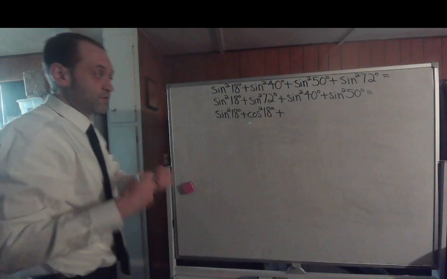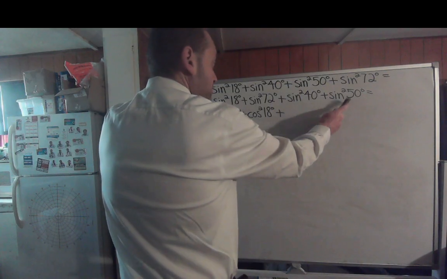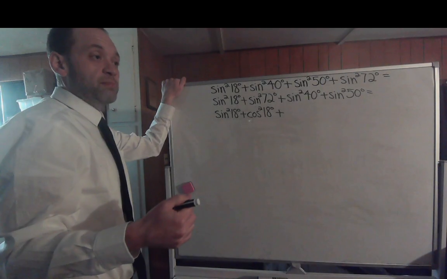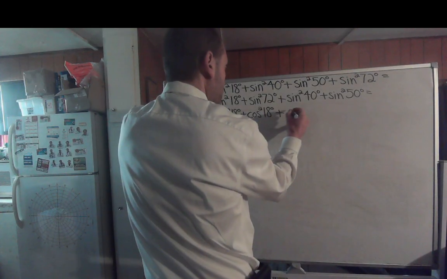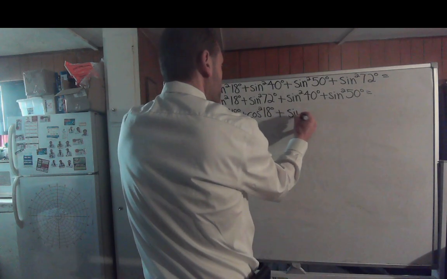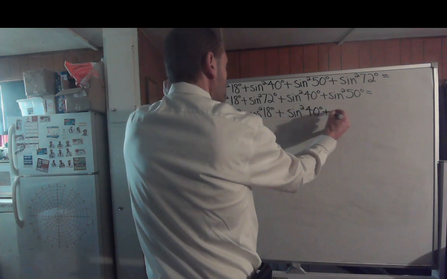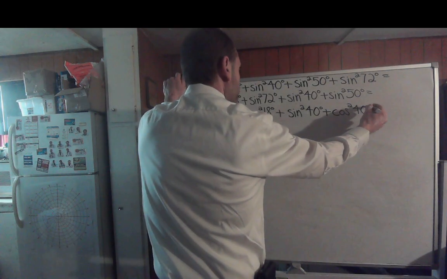Plus, let's look at your 40s and 50s here. The sine of 50 is the same as the cosine of 90 minus 50, which would give you the cosine squared of 40. So this would turn into plus the sine squared of 40 degrees plus the cosine squared of 40 degrees.